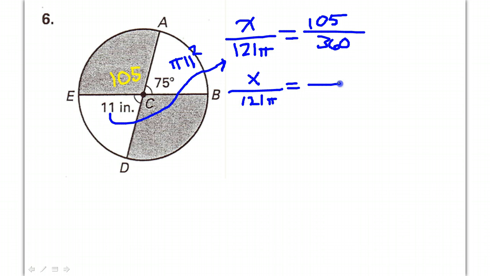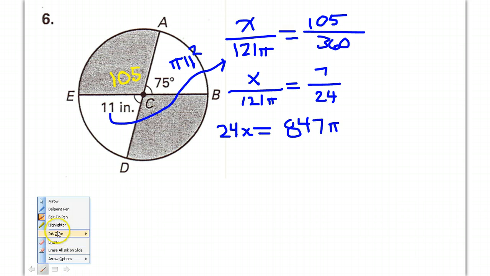What does this reduce down to? 7 over 24. So that's going to give us 24x equals 847 pi.